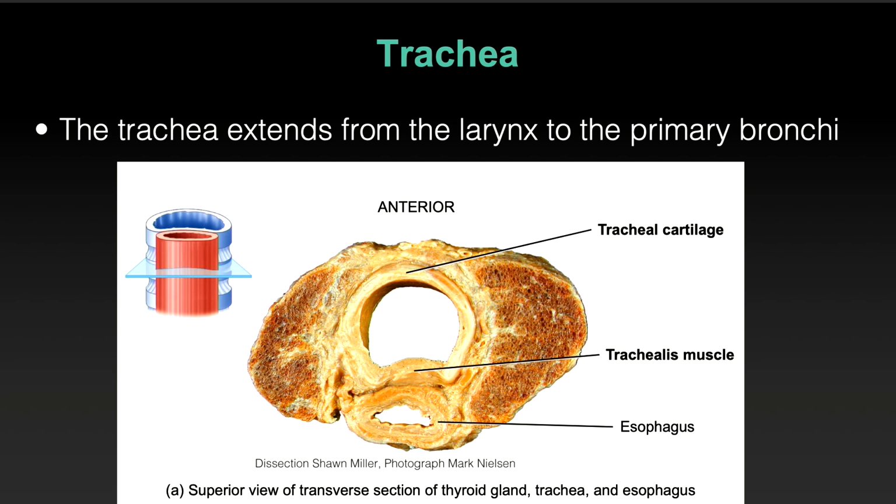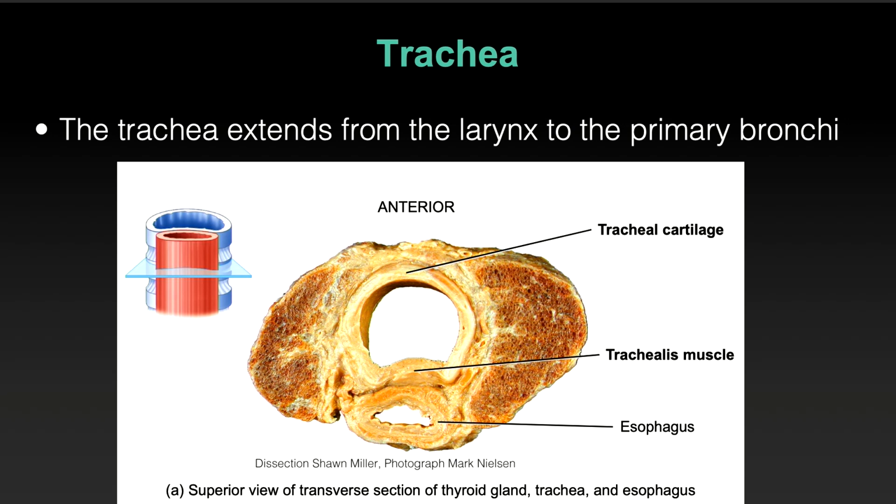They are broken at the posterior side by the trachealis muscle, which allows expansion of the trachea or allows boluses of food to move down in the esophagus, which you can see here in close proximity, just posterior to the trachea. Not a whole lot to see here. One large airway that supplies the lungs with a volume of air.